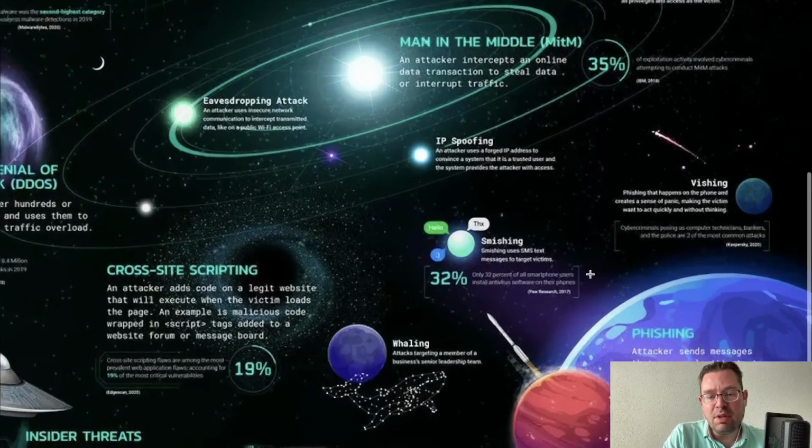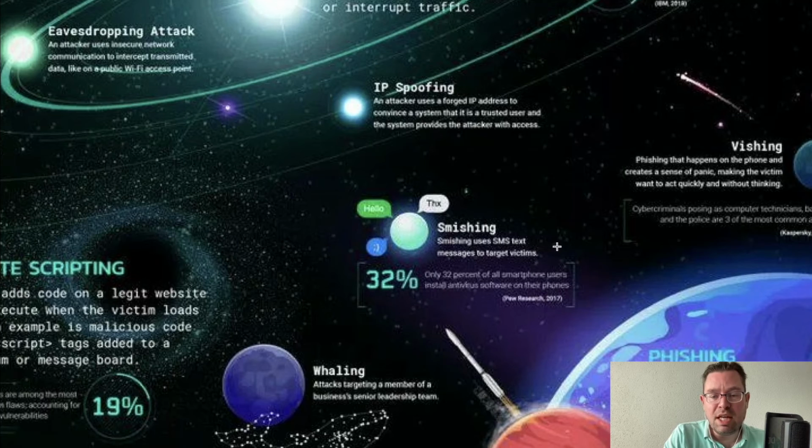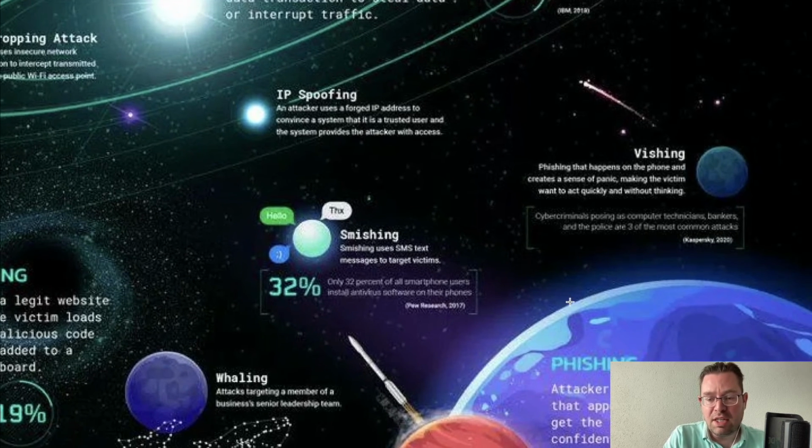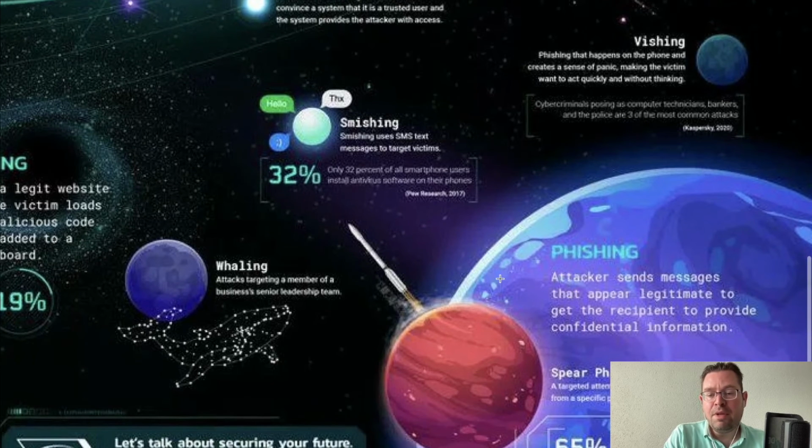Smishing, I think with text messages. Yeah, smishing, using SMS text messages to target victims. And phishing, the classic. The attacker sends messages that appear legitimate to get the recipient to provide confidential information. I see this on a daily basis.